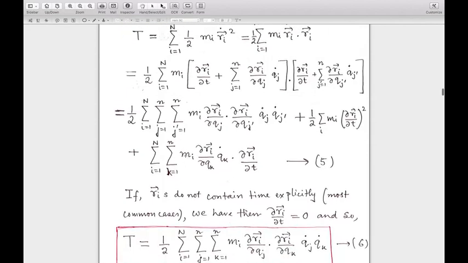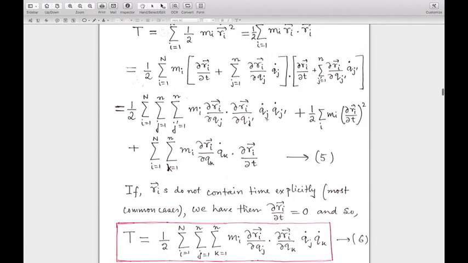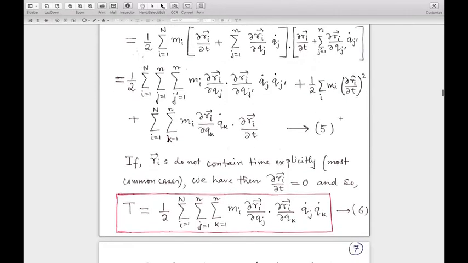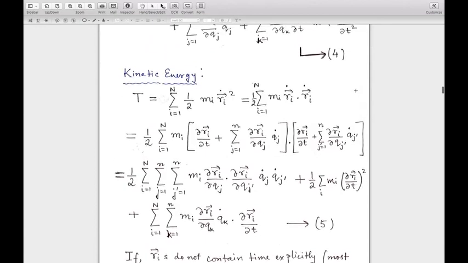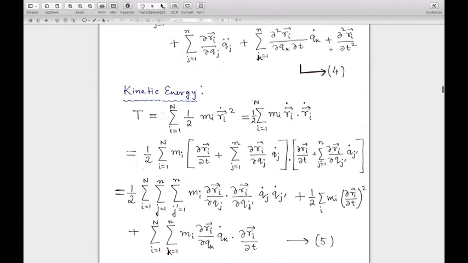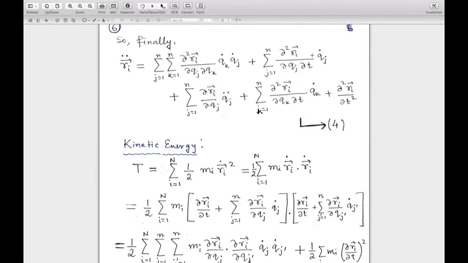Finally, you can see that the kinetic energy has three types of terms as a whole, and this one is quadratic in generalized velocities. This one is linear in generalized velocities, and this one is independent of generalized velocity.